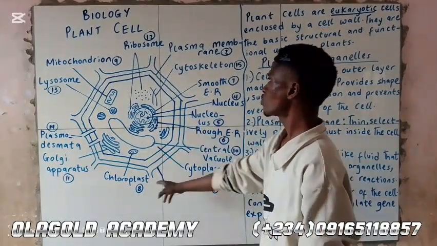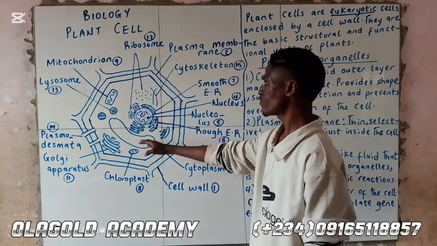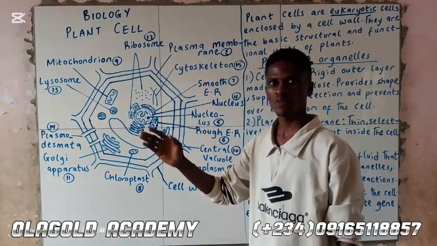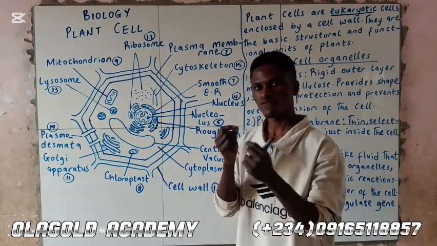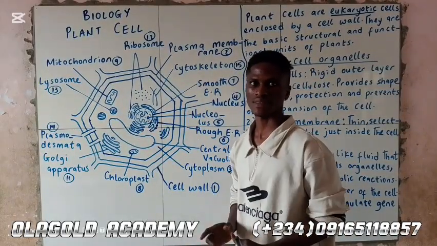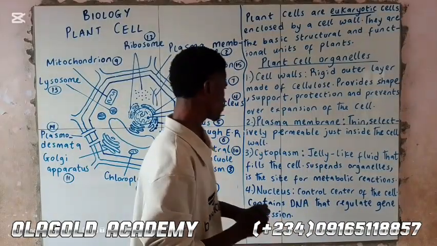The cell wall together with the central vacuole helps to keep the turgor pressure or the firmness of the plant. Please take note of that.